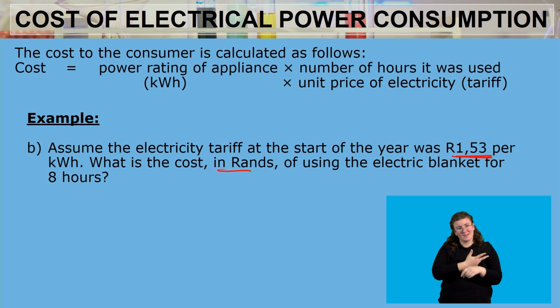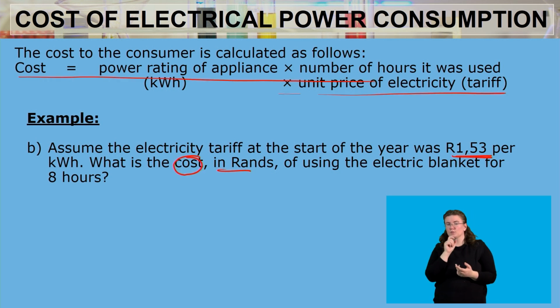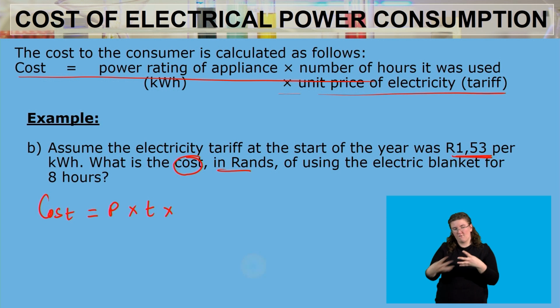Because we are calculating cost, we are going to make use of this equation given here: cost is equal to the power rating of the appliance, which is our P, multiplied by the number of hours, which is time, and then further multiplied by the tariff.